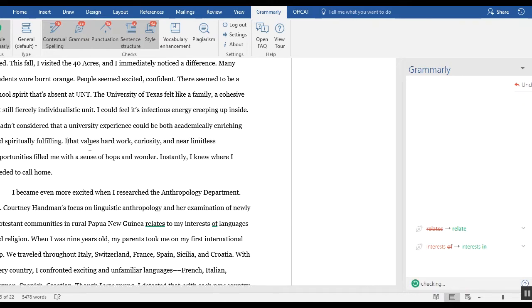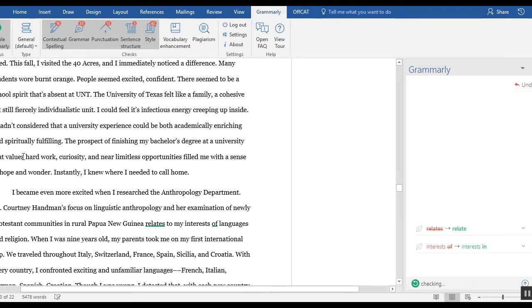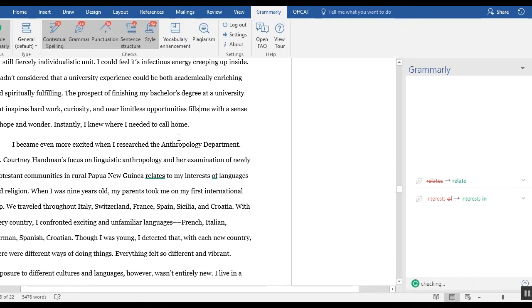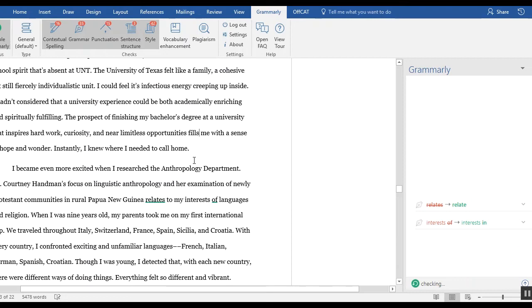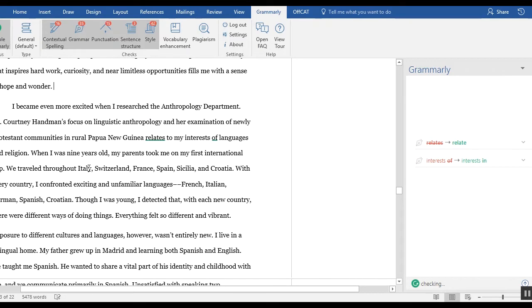The prospect of finishing my bachelor's degree at a university that inspires hard work, curiosity, and near limitless opportunities fills me with a sense of hope and wonder. I became even more excited when I researched the anthropology department.